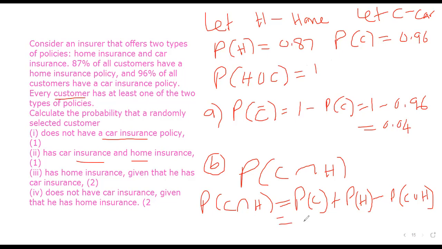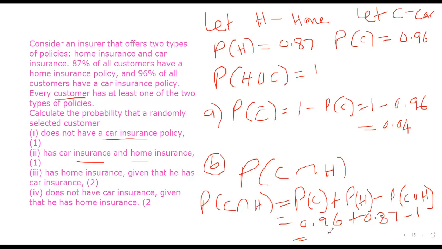The probability of C is 0.96. Probability of H is 0.87. And the probability of the union is 1. So what are we getting when we add this plus that minus 1? 0.83.